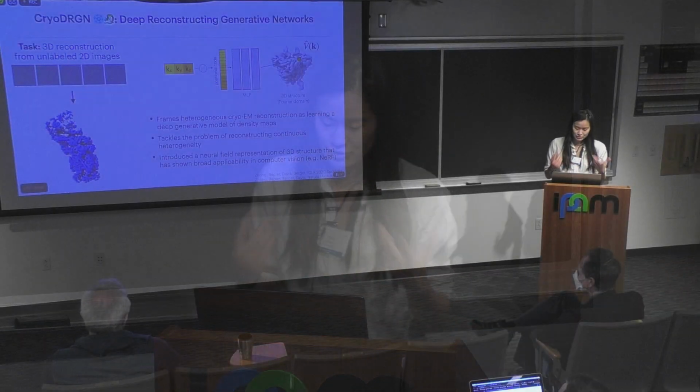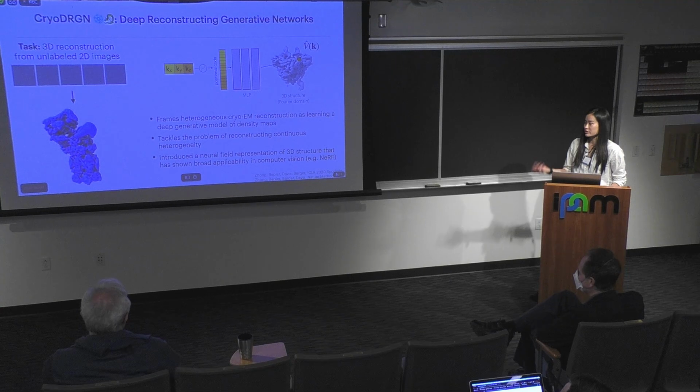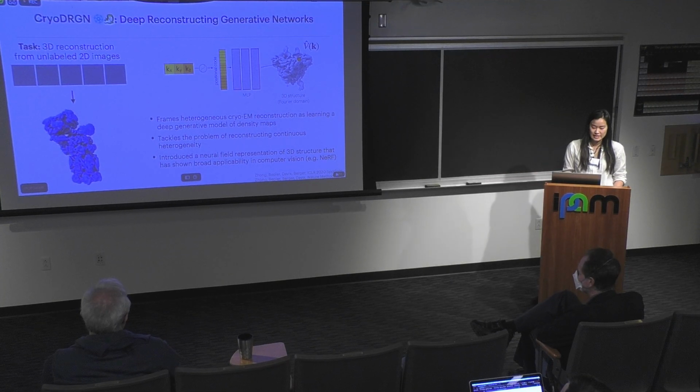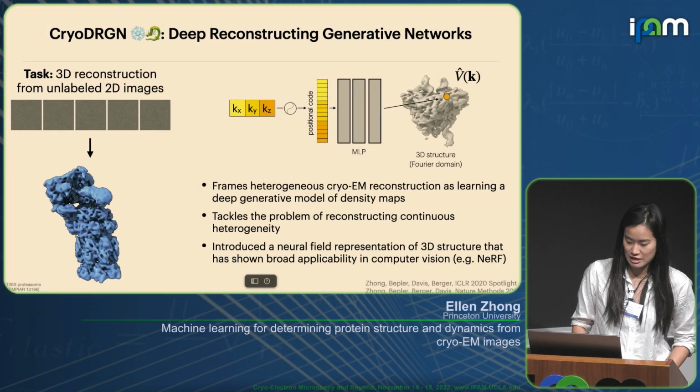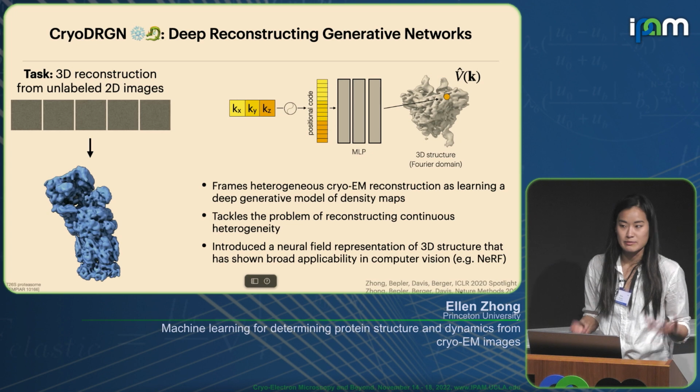So the idea was, can we adapt some of these approaches to heterogeneous cryo-EM reconstruction? CryoDRGN frames heterogeneous reconstruction as learning a deep generative model of density maps. And one thing that's been particularly exciting is that this architecture that I'll be talking about has shown broad applicability in other domains of computer vision.